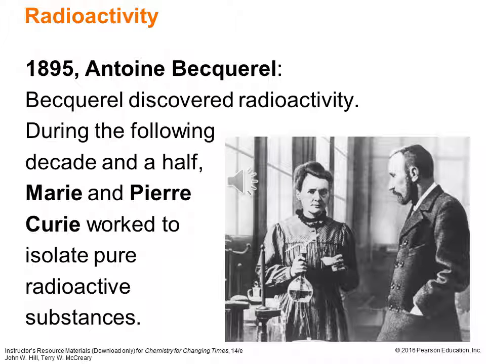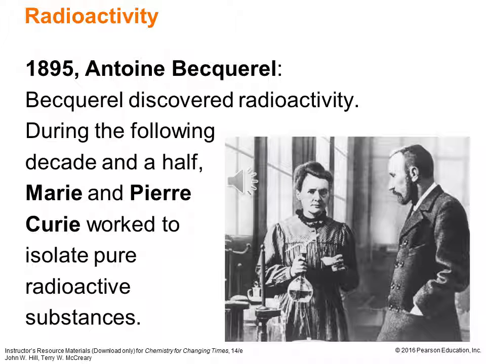And for the next decade and a half, we have Marie and Pierre Curie working together side by side in an old greenhouse on their university campus to isolate pure radioactive substances. And obviously Marie Curie, very famous woman in science, her dissertation was probably the most important dissertation ever published, noting multiple new elements, and she eventually died of cancer.